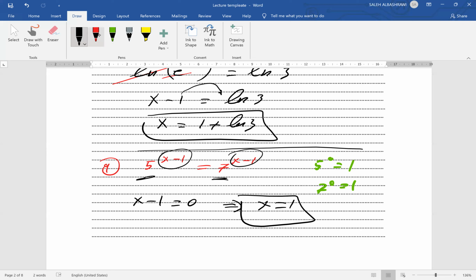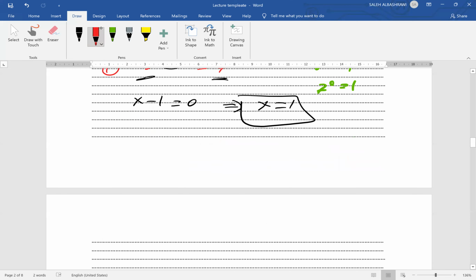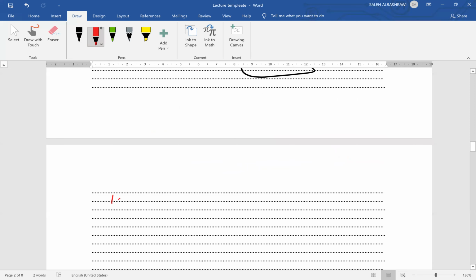But in some cases, we have different bases, but also with different powers. For example, if I have 5 to power x minus 1 equal to 3 to power, let's say, x plus 2.